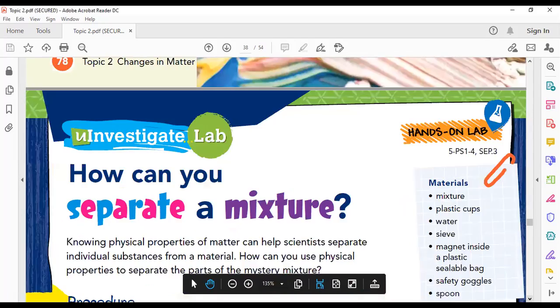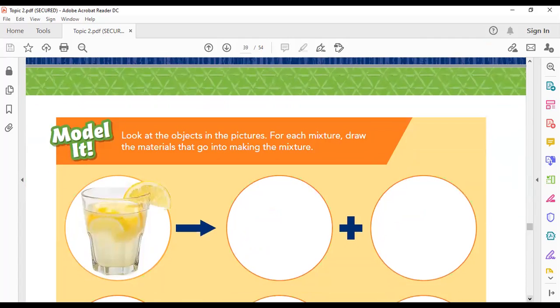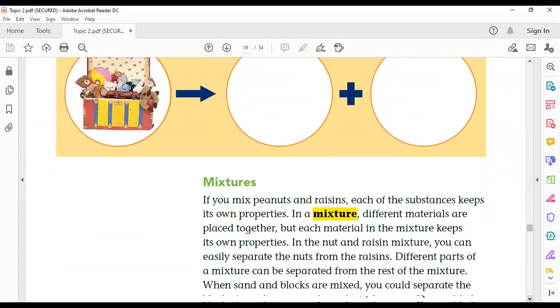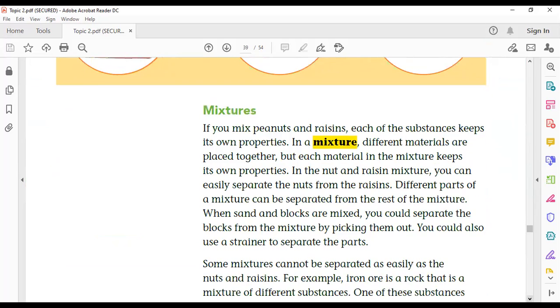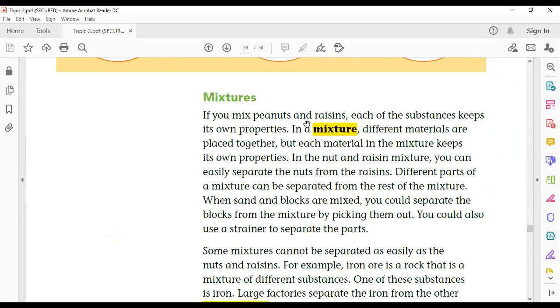So we are talking about mixing colors, mixing. So what is a mixture? Look, if you mix peanuts and raisins, each of the substances keeps its own properties. In a mixture, different materials are placed together, but each material in the mixture keeps its own properties.